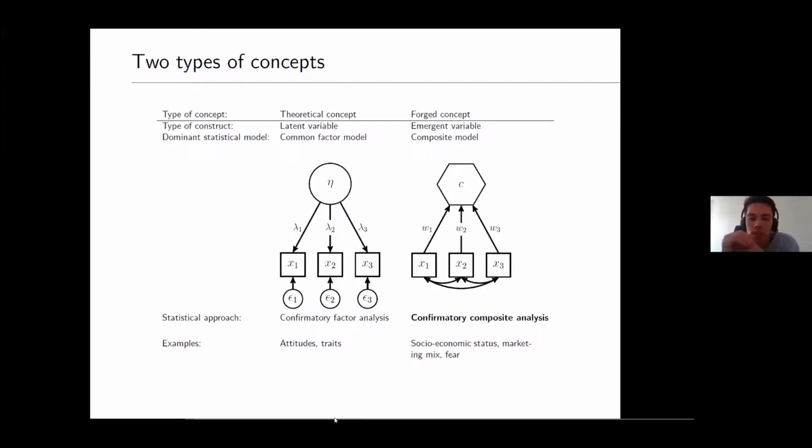Examples of such concepts are socioeconomic status or marketing, or also fear was mentioned once, because fear is composed of some other variables. To assess this type of model, we developed confirmatory composite analysis in analogy to confirmatory factor analysis.